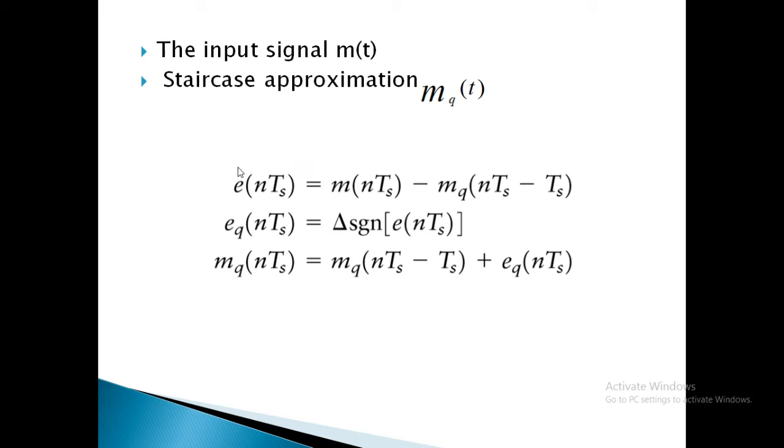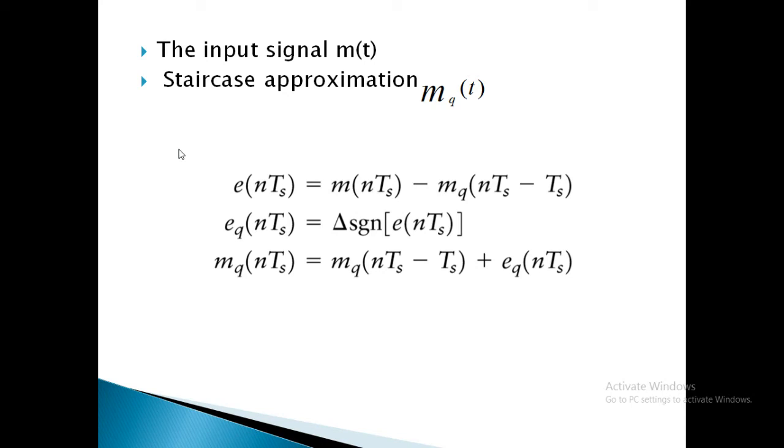Here the error signal is the comparator output. e of nTs is the comparator output. It takes the difference m of nTs minus mq of nTs minus Ts. This is the e value, and eq of nTs is the signum function output: delta times signum of e of nTs. If the error value is positive, it will perform plus delta.